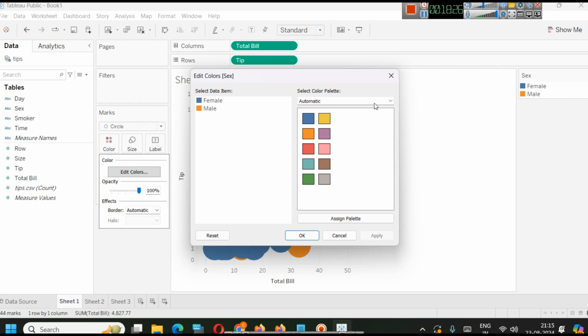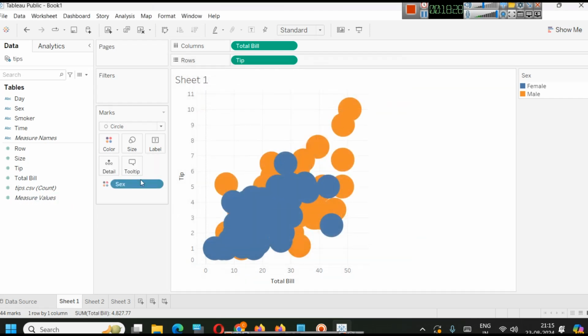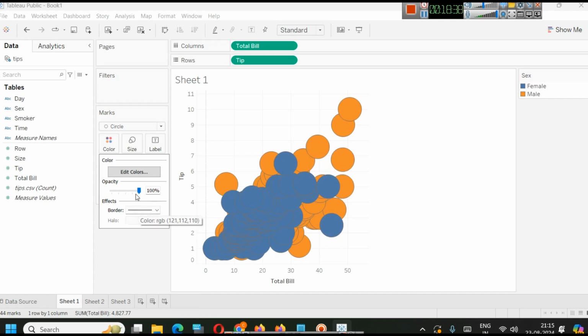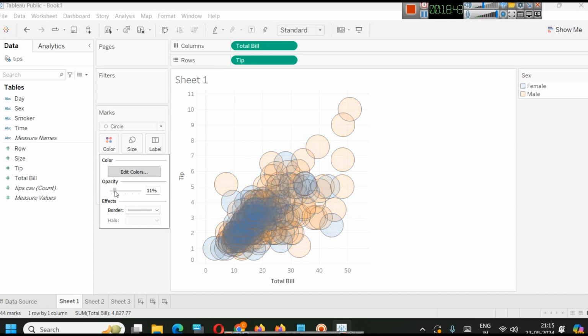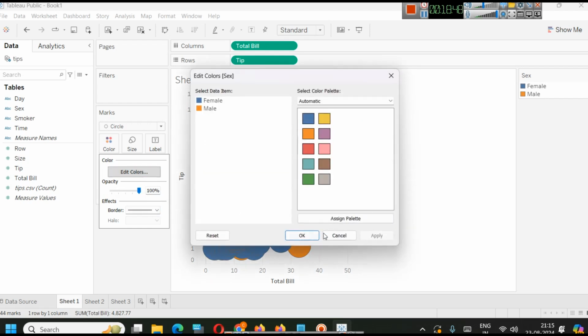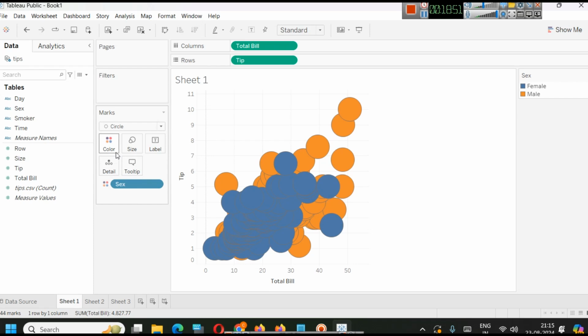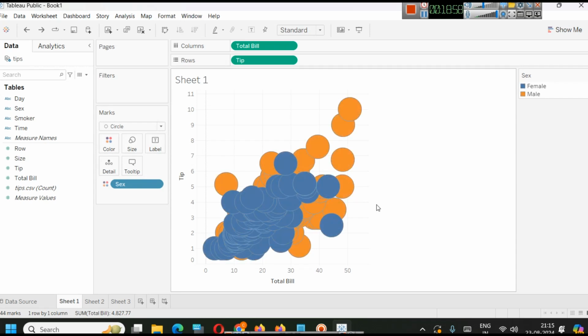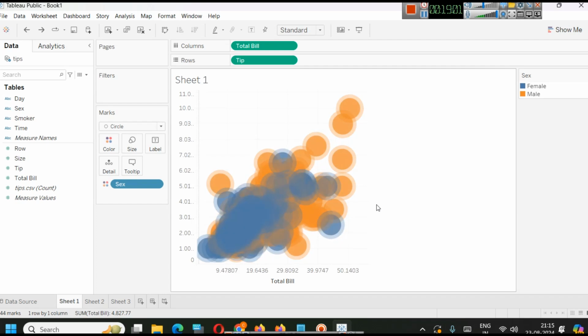You already know that while applying color, you can use borders and different types of formatting related settings, and you can consider opacity. So basically the understanding of a scatter plot is that it is used to compare two quantitative measures. Exactly, there are two numbers, and one of them is not date, right?